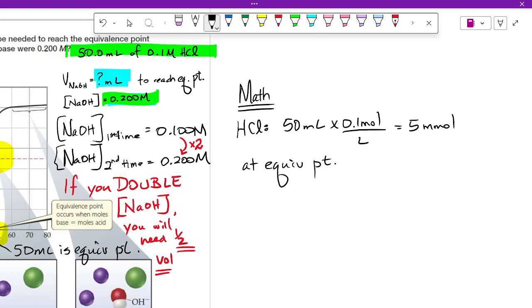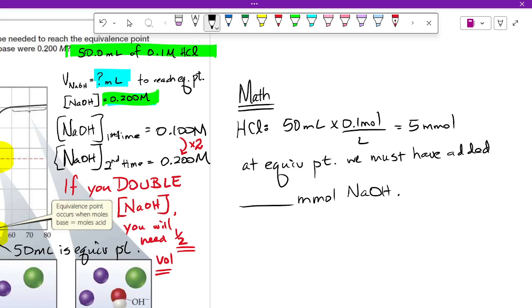At the equivalence point, how many moles of NaOH must we have? We must have added... oh my God, you guys are killing me. What is the equivalence point?